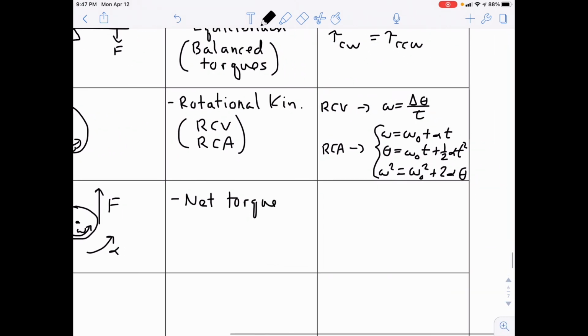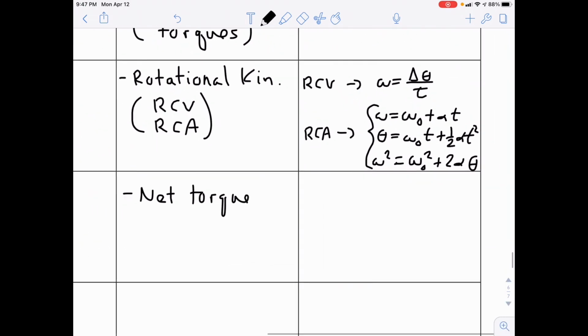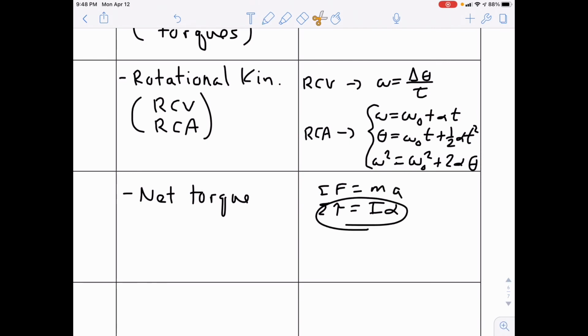Specifically, for net torque, the main equation is net torque equals I alpha. It's analogous to net force equals mass times acceleration, but in terms of rotational variables.